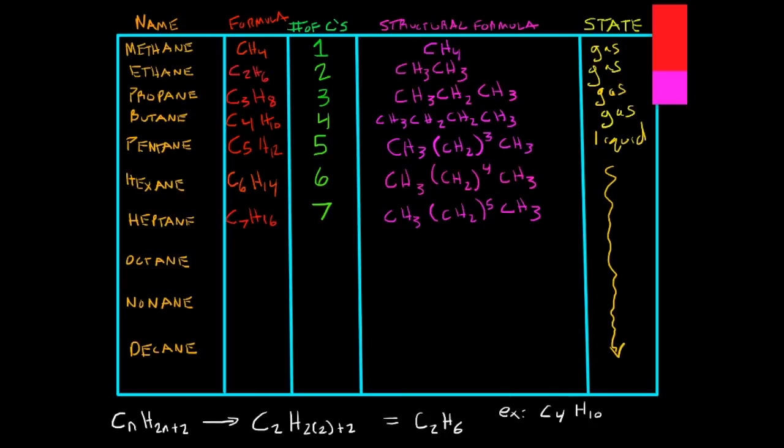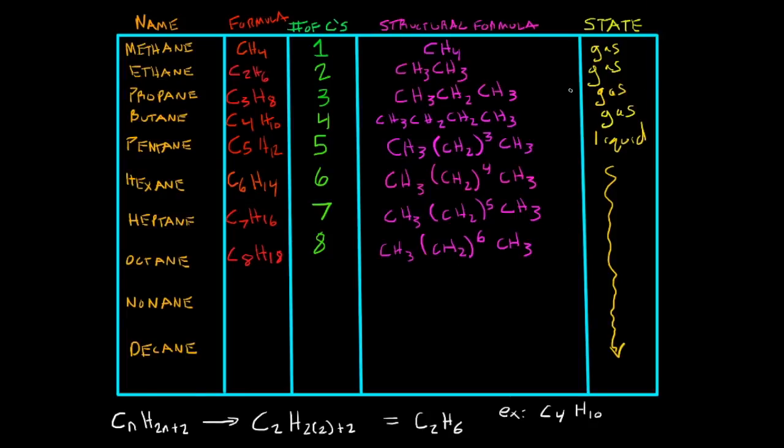Next we have octane, which is 8. Octa is 8. C8H18 with 8 carbons. The formula is CH3, CH2 to the 6, CH3, and once again it is a liquid.